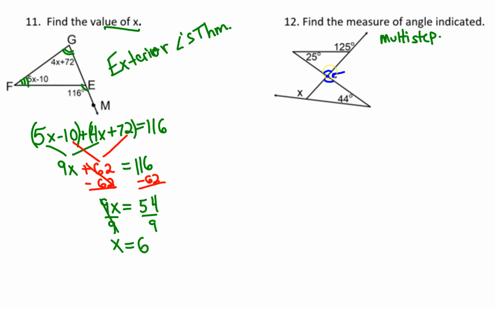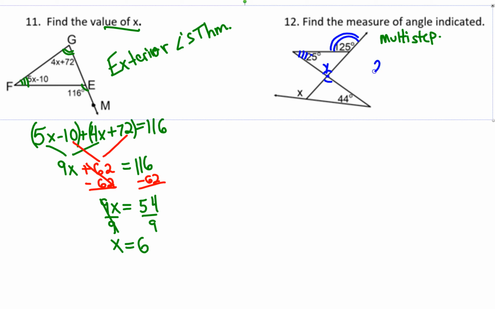So now let's see, can we figure out what this angle is? To do that, we have an exterior angle here, and we have this other angle over here. So that means that this 25, plus this angle that we want to know, should be equal to this 125 here. So we'll call that y.